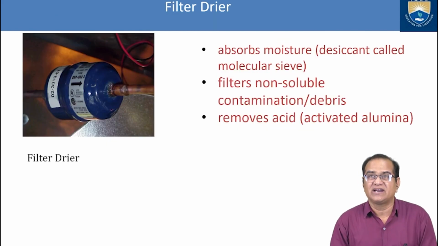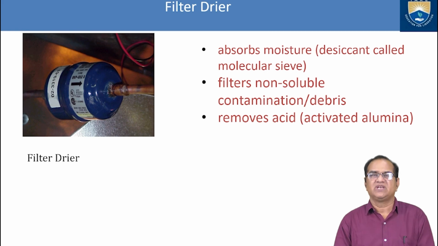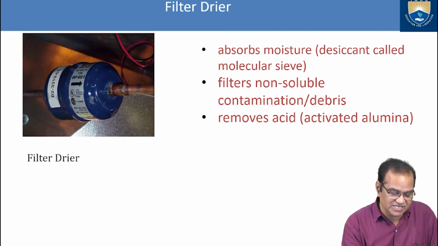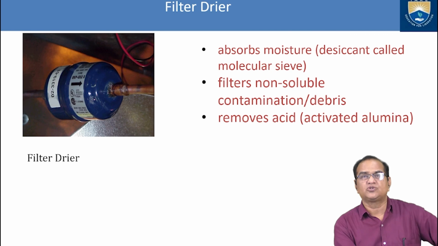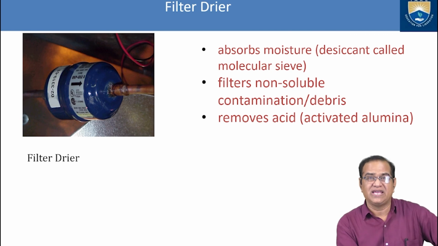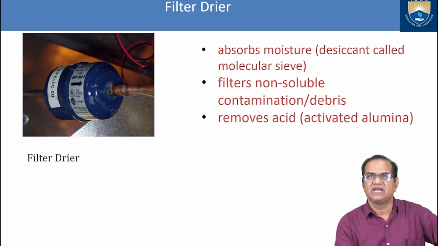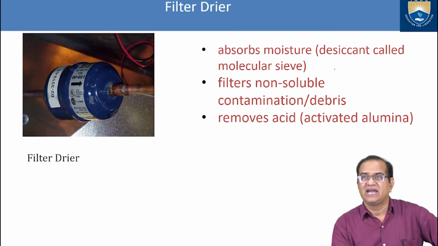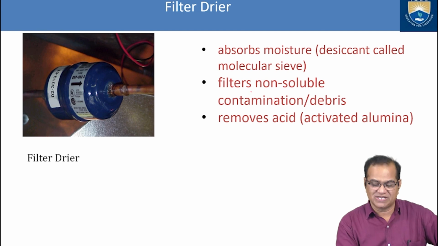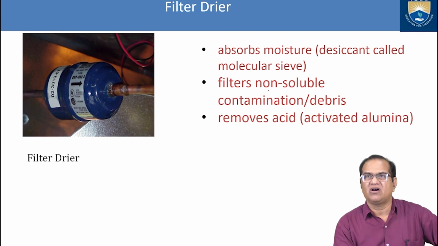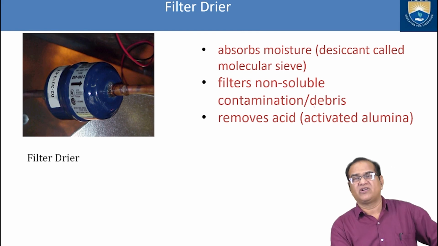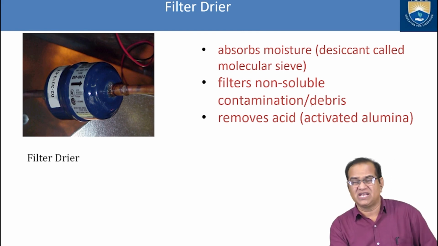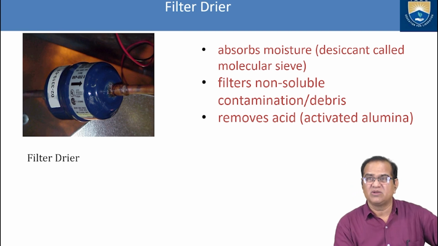Next is the filter dryer. You can see here one filter is here, and it is also used to dry the air, meaning it has to remove moisture. A diagram is shown here. It absorbs moisture with a desiccant called molecular sieve, filters non-soluble contamination, debris, and any type of particles in the air, and removes acid, activated alumina and other things.